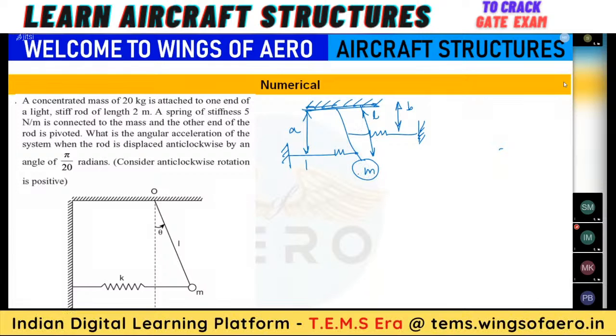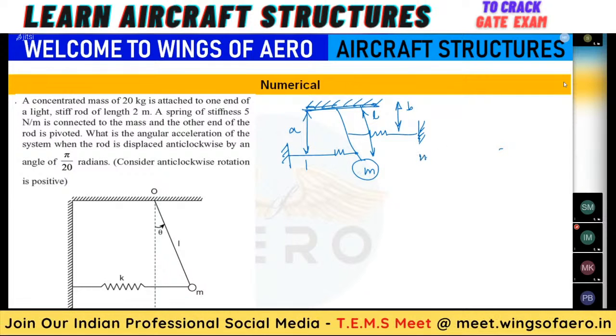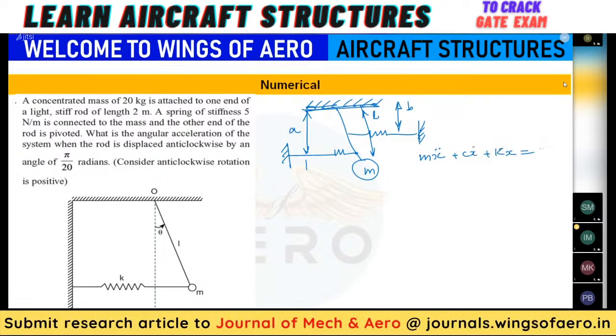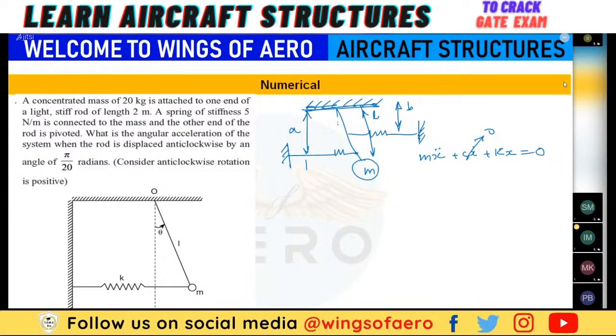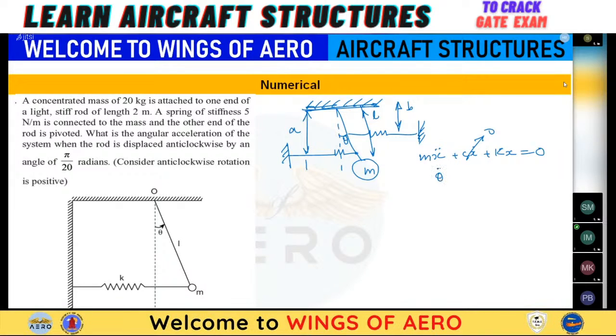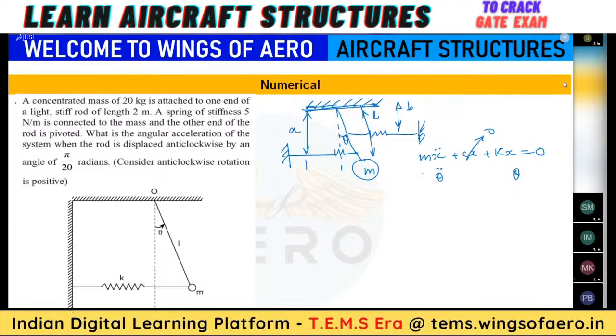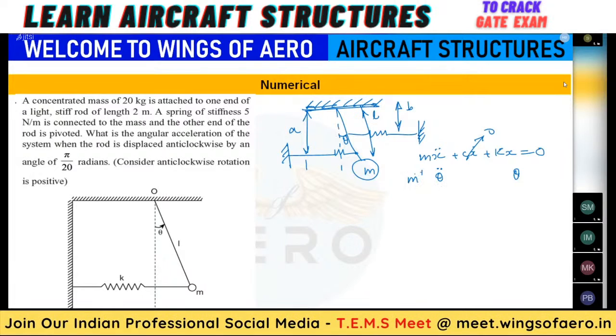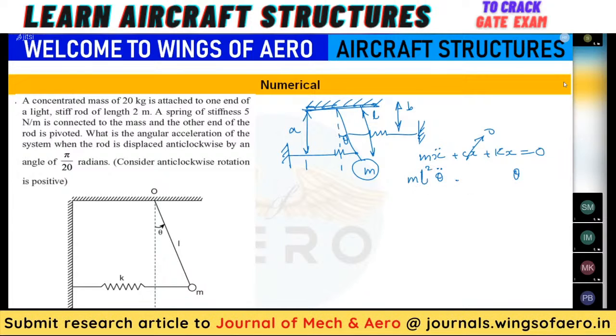Now in this case, what will be your equation? As I've said, m x double dot plus c x dot plus k x equal to 0. Now whenever there is some kind of inclination or angular motion, you need to convert x into theta. So it will be theta double dot and here it will be theta. Whenever there is a mass, you simply write m into L square, where the mass is located.